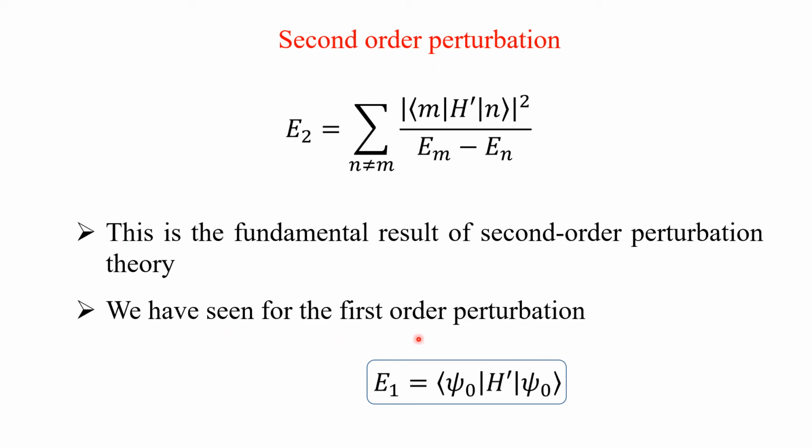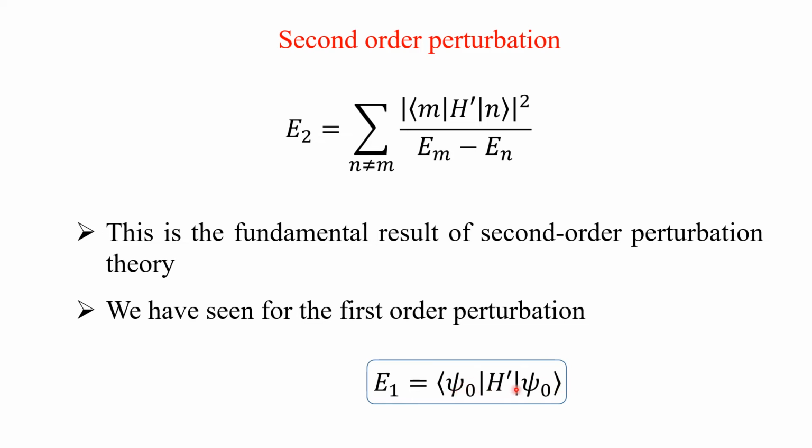We have seen for the first order perturbation correction that E1 is equal to <psi naught|H'|psi naught>. This is exactly equal to the expectation value of the perturbed Hamiltonian under the unperturbed wave function. That is more important. Psi naught is the unperturbed wave function.